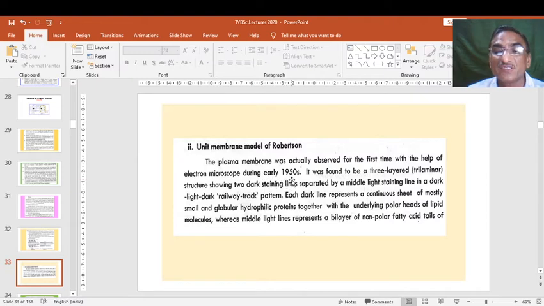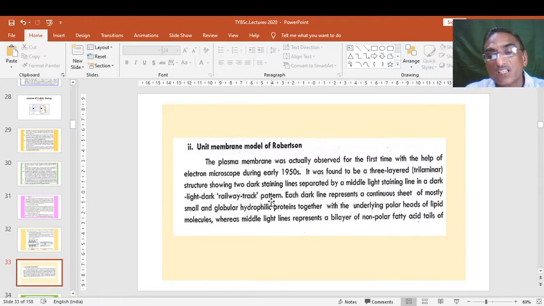It was found to be a three-layered, trilaminar structure showing two dark staining lines separated by a middle light staining line, in a railway track pattern.